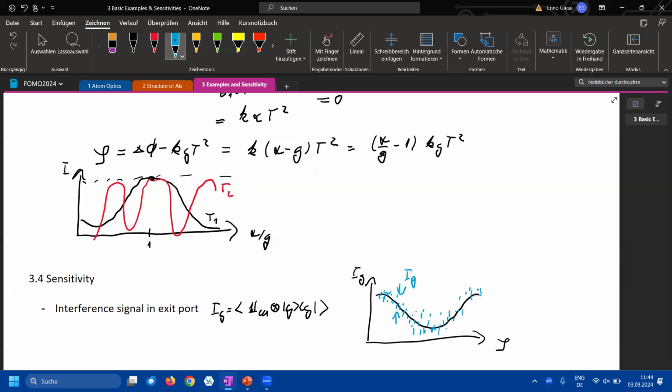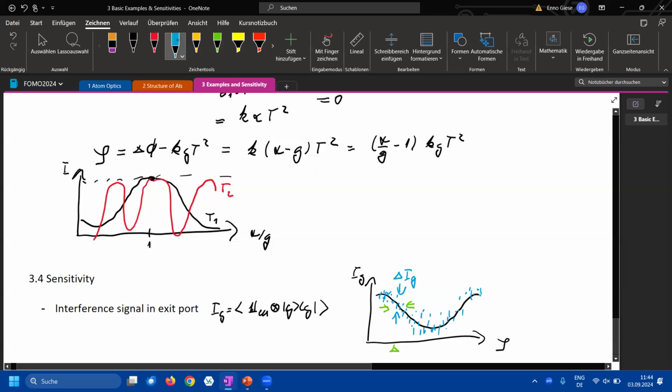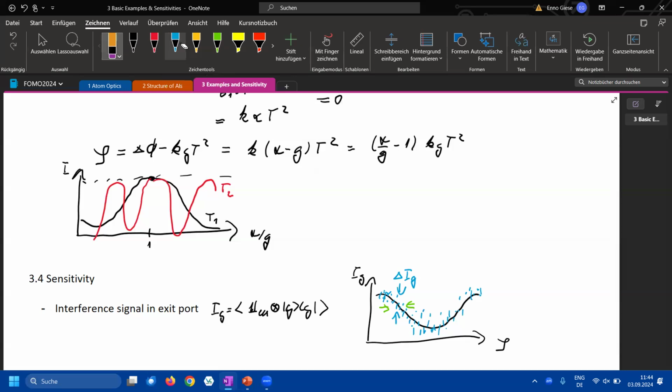And because we have those fluctuations, we also have to associate that with a phase uncertainty delta phi. I'm sorry, this should be delta Ig, fluctuations. And that would be associated with an uncertainty of our phase in the orthogonal direction, just because everything is not unique anymore, and I just get a scattering.